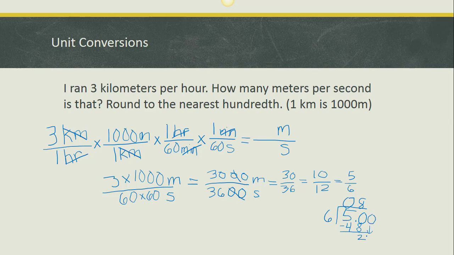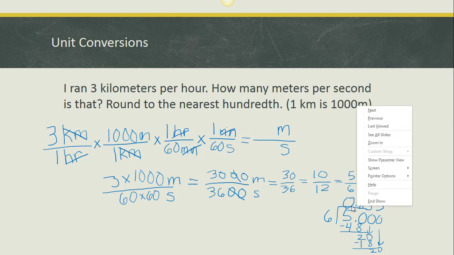Bring down the next 0. 6 into 20 is 3. 3 times 6 is 18. Again, you have a 2. You can add another 0. 6 into 20. 3 again. And you could keep going on like that forever, but we only want hundredths. Notice the decimal comes straight up right here.